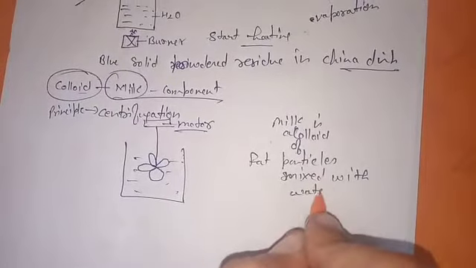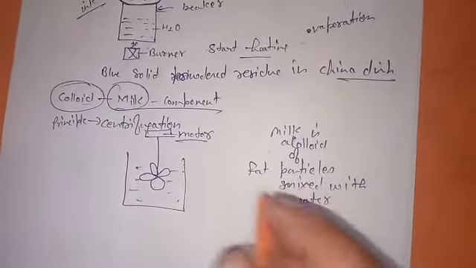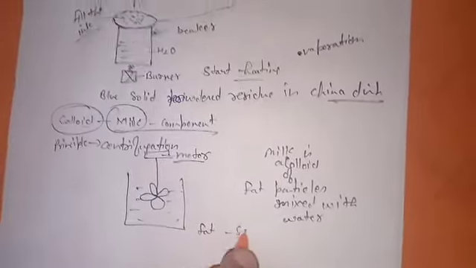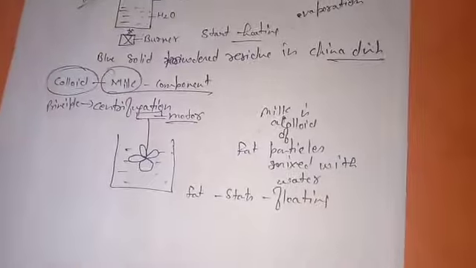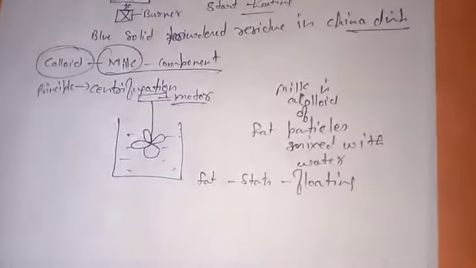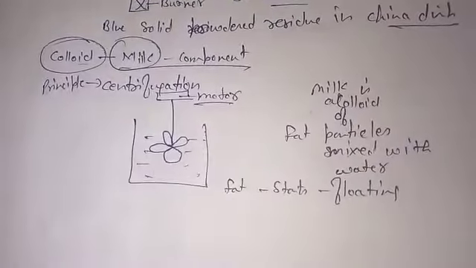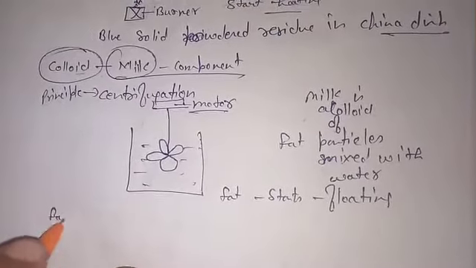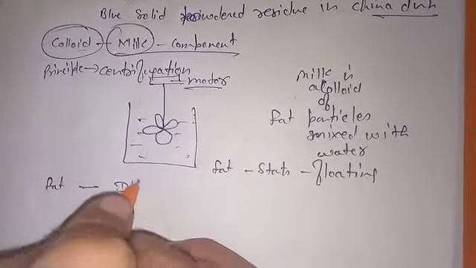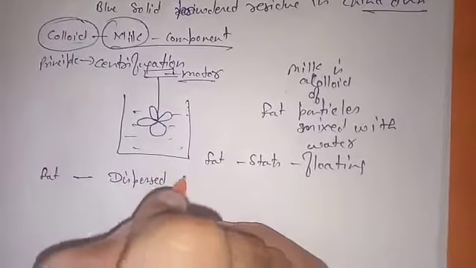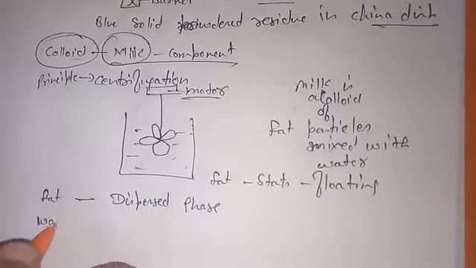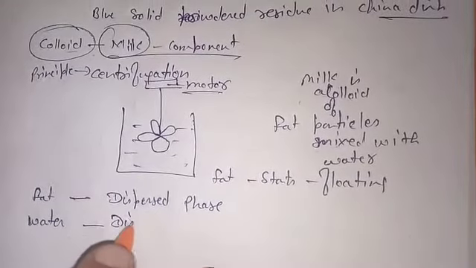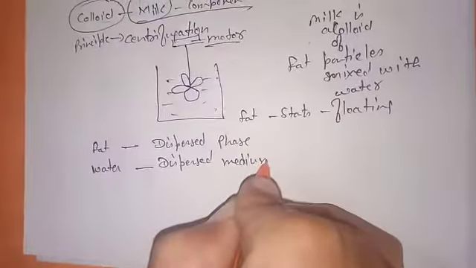When we churn, the fat starts floating on the surface, and we remove the fat from there. Fat acts as the dispersed phase, and the water acts as the dispersion medium.